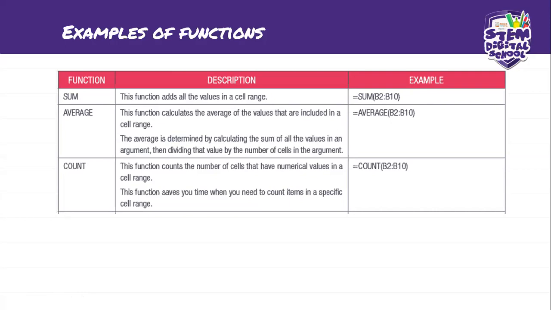Sum is used to calculate a total or to add all the values in a cell range. Like for an example, this function that you see under our example, the sum. That means this person is adding all the values that are there in this cell range, which is B2 to B10.